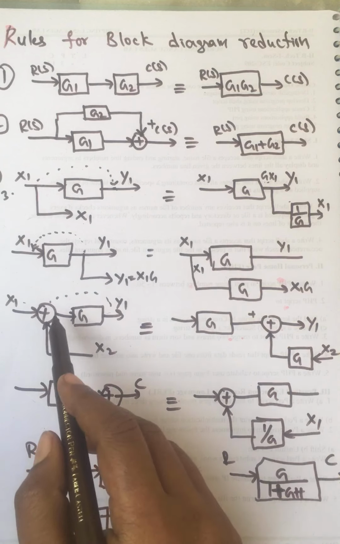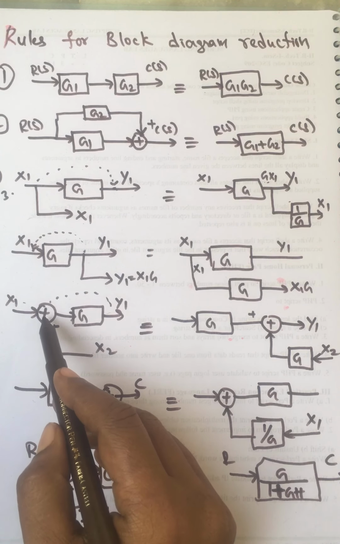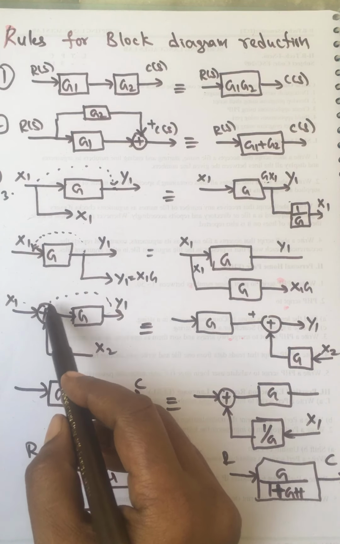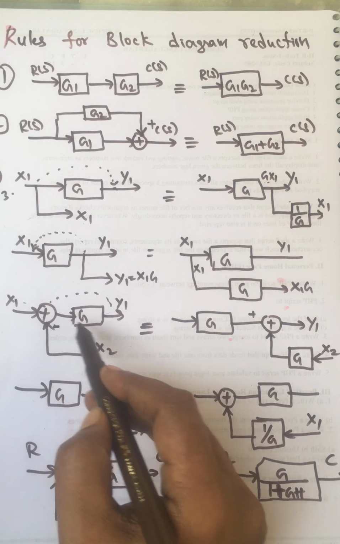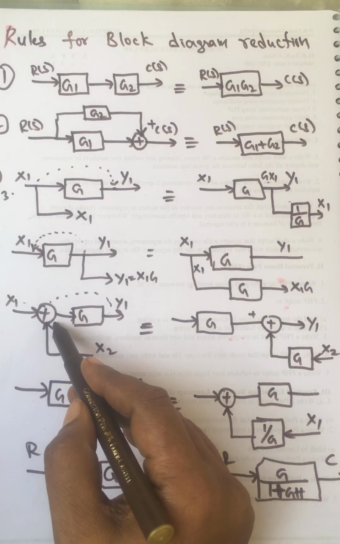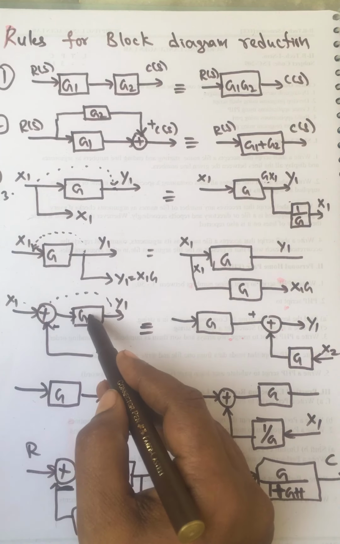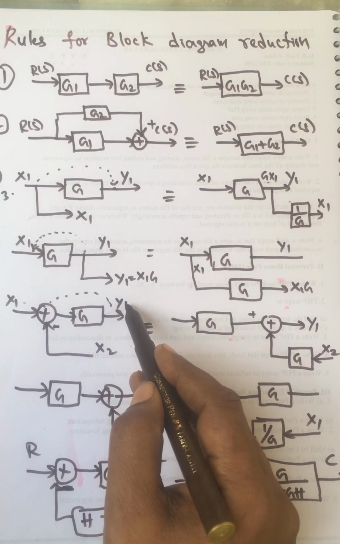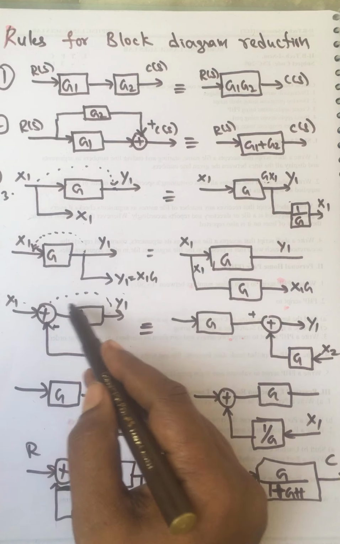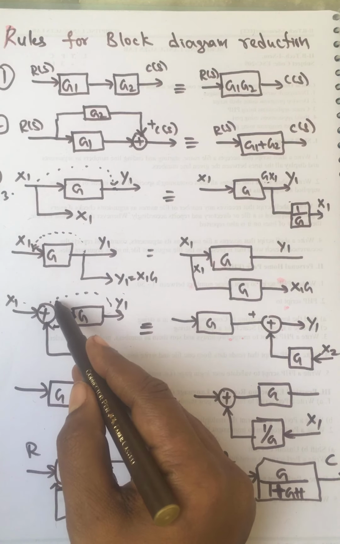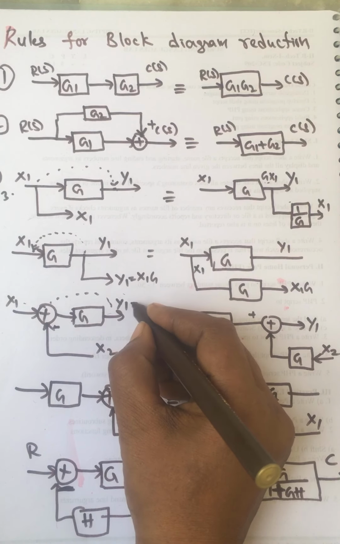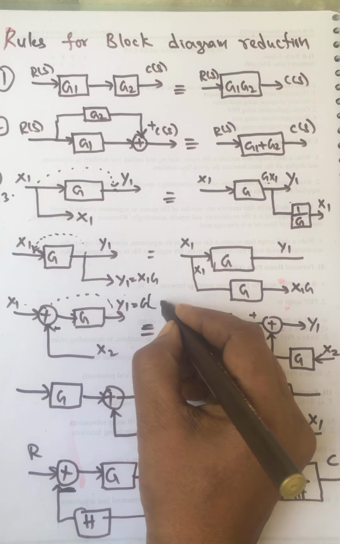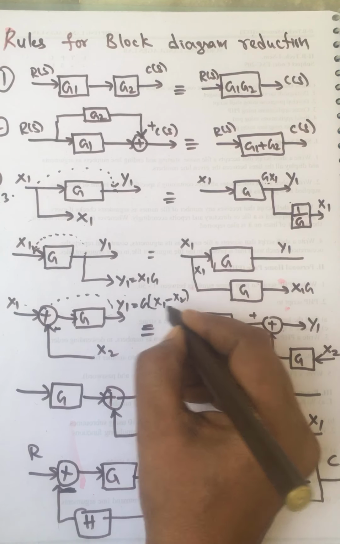takeoff signal. The next rule is shifting the summing point from before the block to after the block. Here we are adding the signal x2, so the signal x2 is also passing through g, so output y1 should not be affected. y1 should be the same signal whatever you get here when you shift the summing point. Here y1 is equal to g into x1 minus x2, and we should get the same y1.